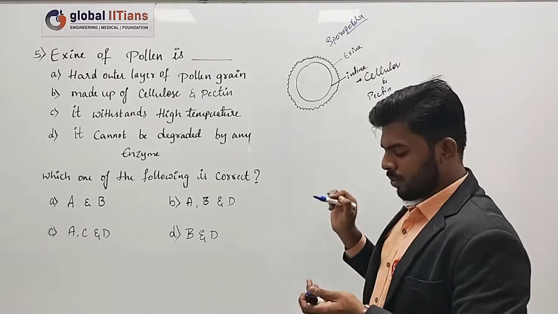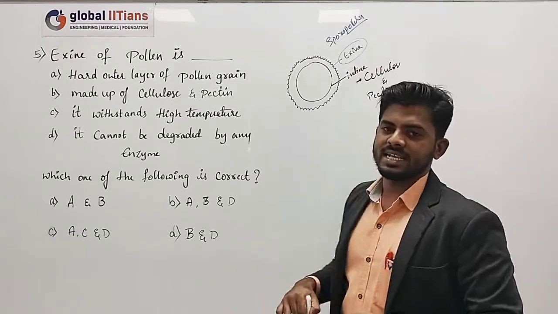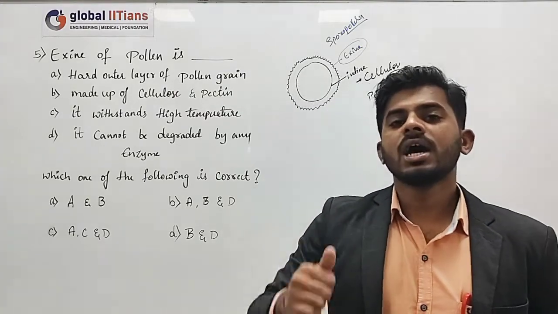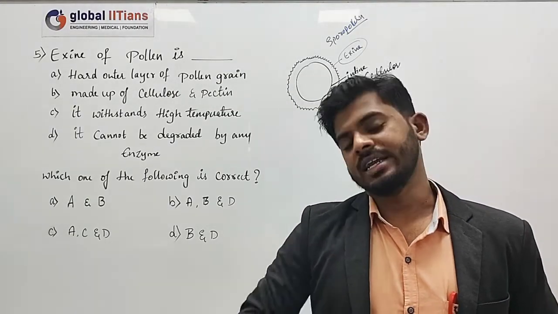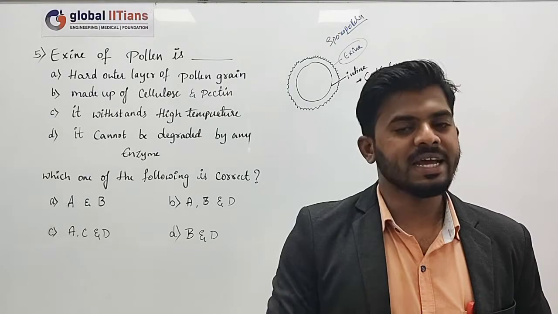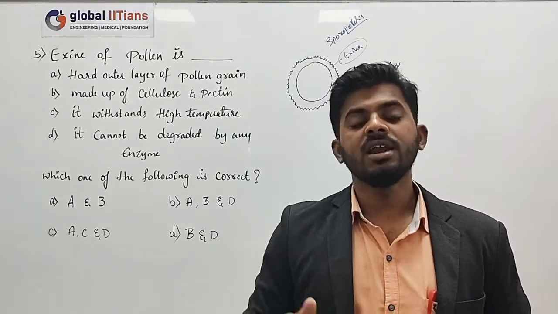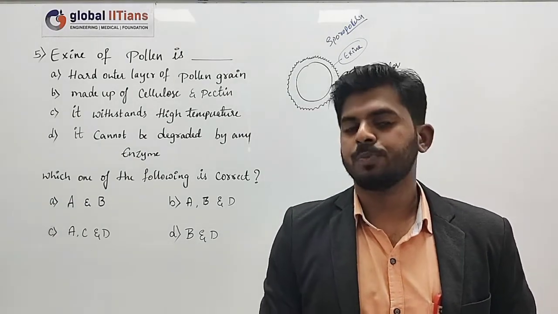Sporopollenin is present in the enzyme. So now remember, the enzyme makes the hardest coating here. It is not biodegradable. It protects the inner content of the pollen grain from the outer atmosphere.